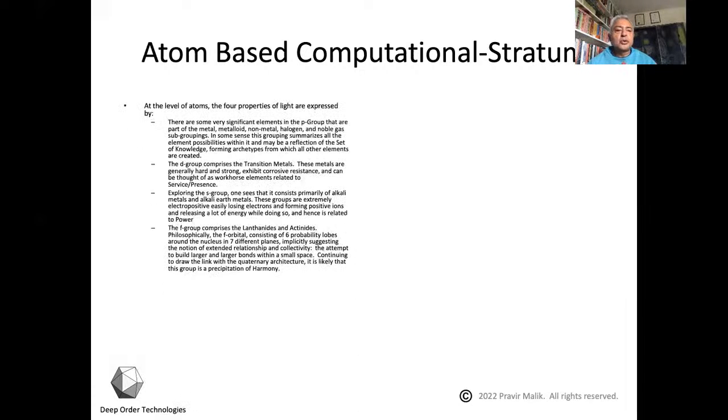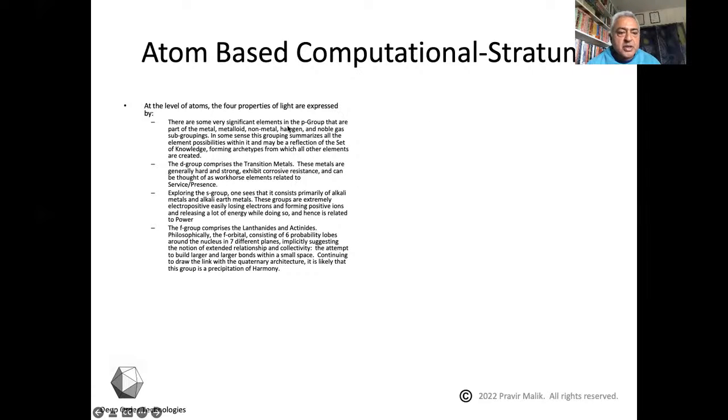So moving through the atom level, I'll quickly go through this, but essentially, all atoms can be classified as P group, D group, S group, and F group atoms. If we think of P group atoms, we find a representation of many kinds of elements, such as metals, metalloids, non-metals, halogens, noble gas, and so on.